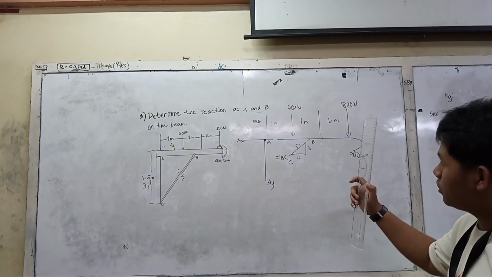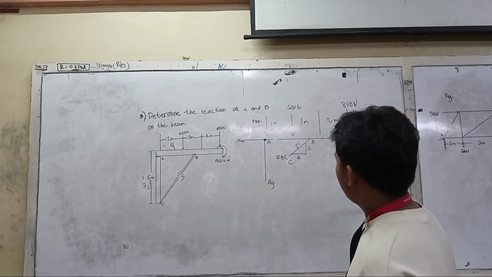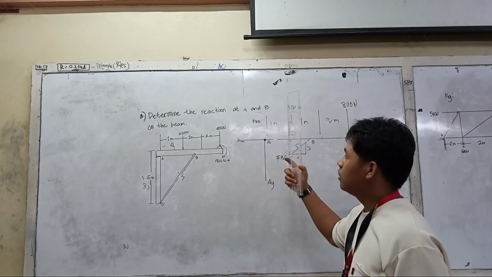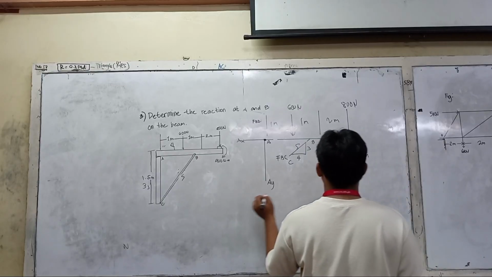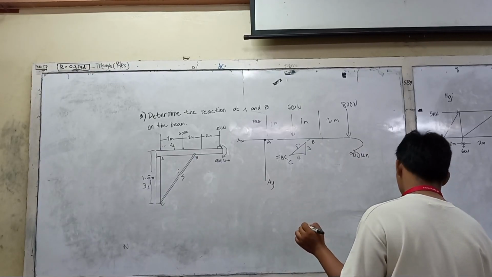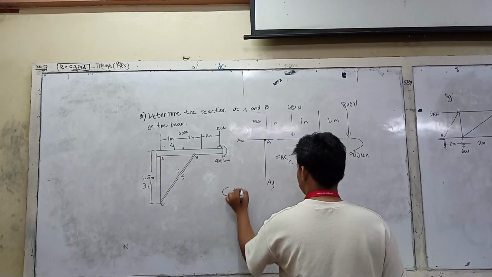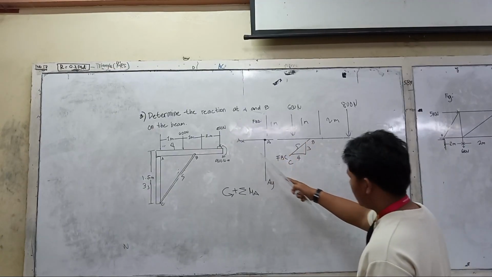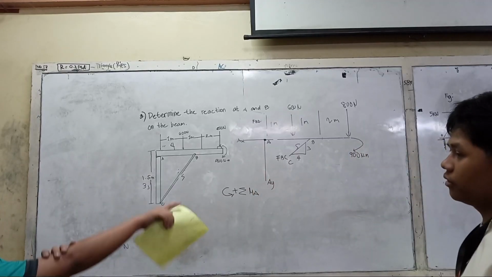So first, we are solving for the directions of A and B. The formula that we're going to use is the counterclockwise positive summation of moment at A. Why counterclockwise?